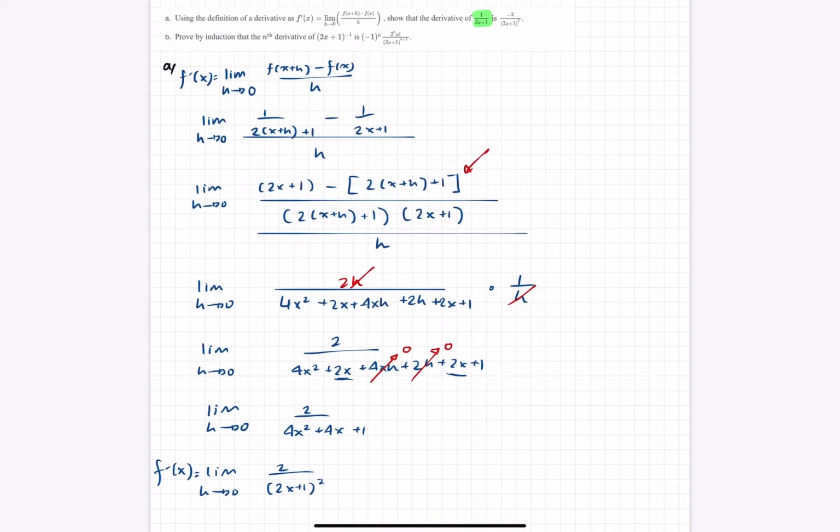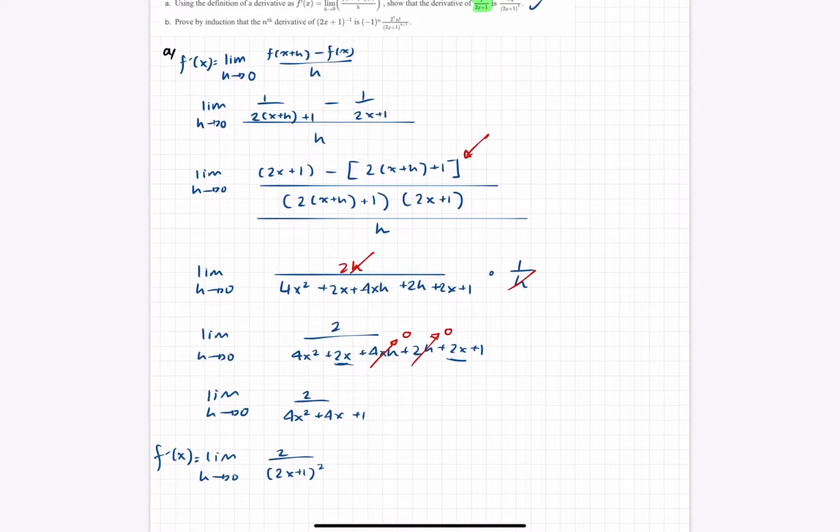If we double check, that's exactly what we wanted, except it's negative. That's because I forgot to carry the negative forward from right here. So yes, it should be negative. That's our first answer.